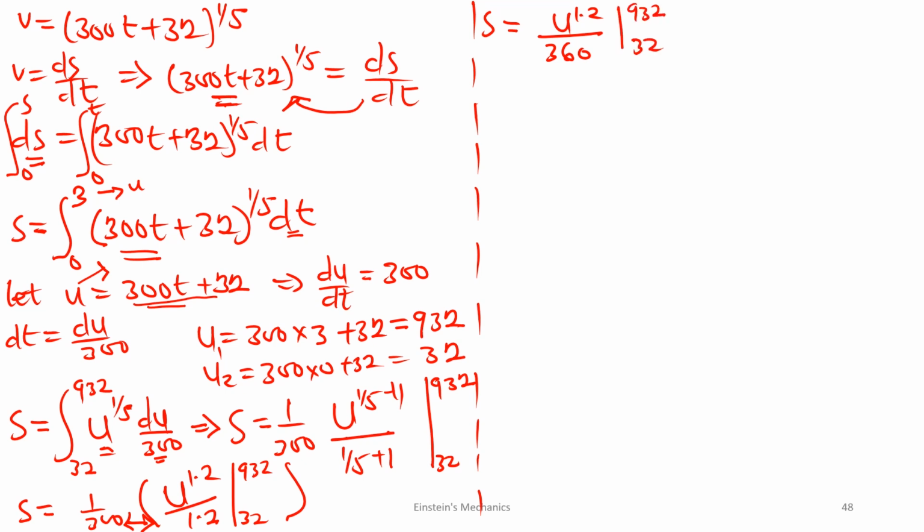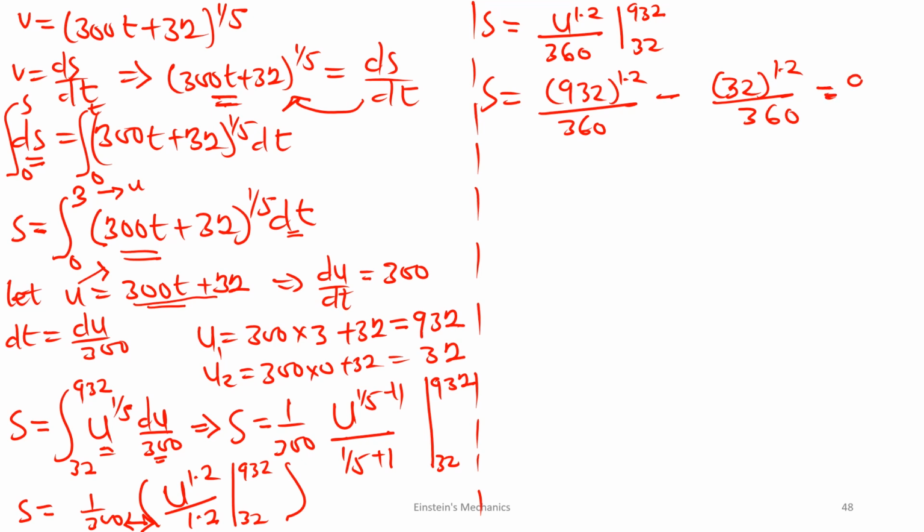If we put it in, that is going to be the upper limit 932 to the power 1.2 on 360 minus the lower limit, which is 32 to the power 1.2 on 360. Are we good? And we are going to have 9.985.